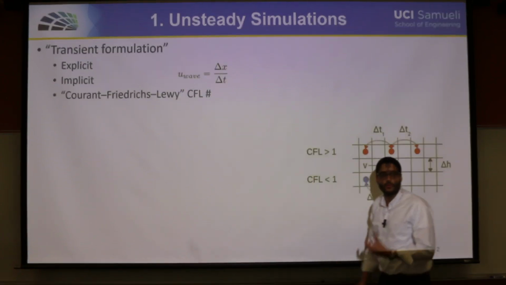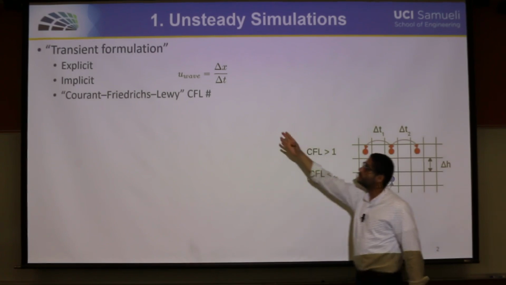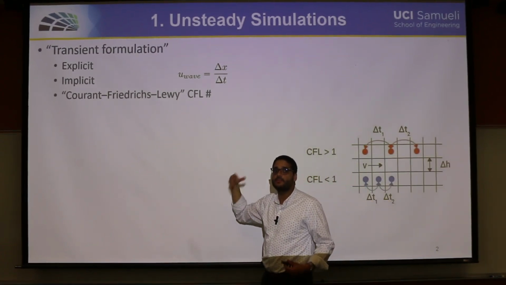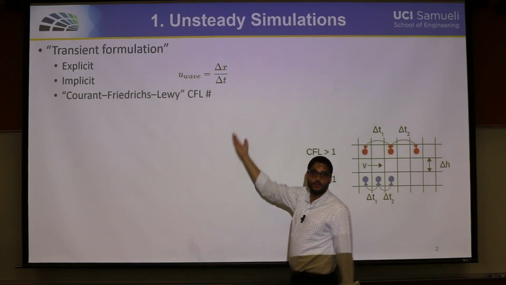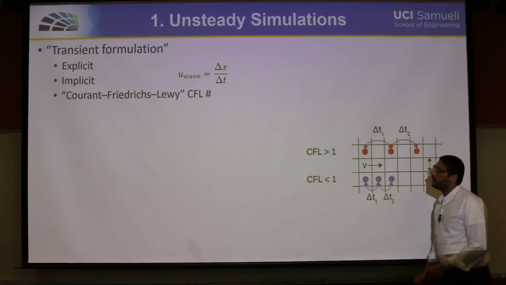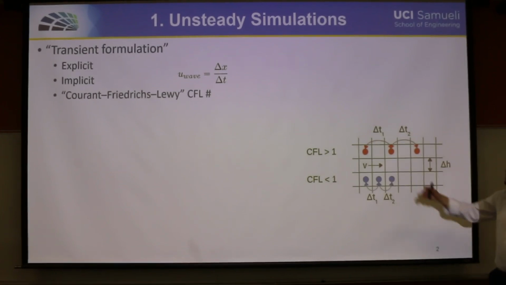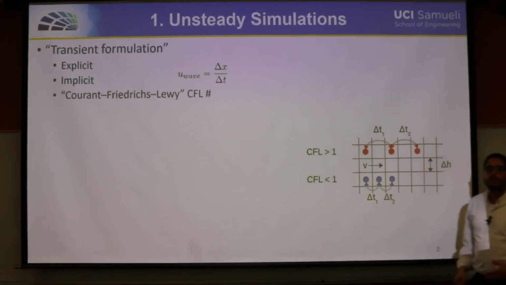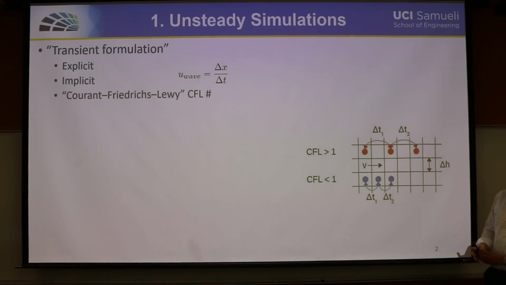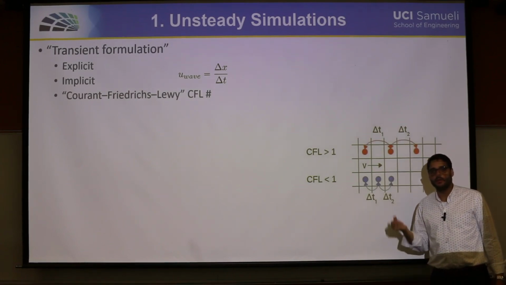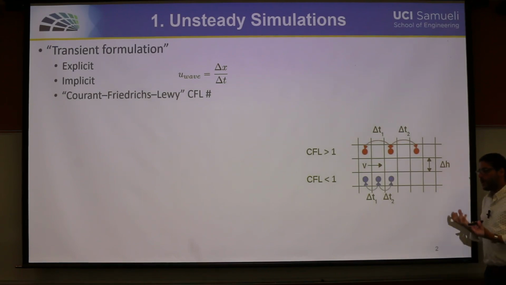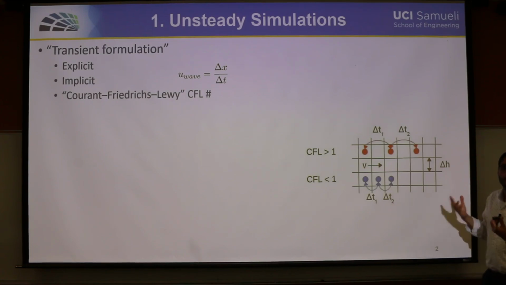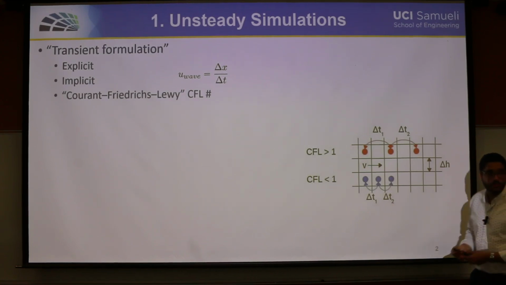Why is that? Because we want to make sure that the speed of the traveling wave in physical life is being captured by that traveling wave in the numerical simulation. So it's actually preferred to have a CFL number that's less than 1, because if your CFL number is larger than 1, you are not capturing what's happening in real life or in physics, and your numerical simulation is leaving behind some information that is not being captured.